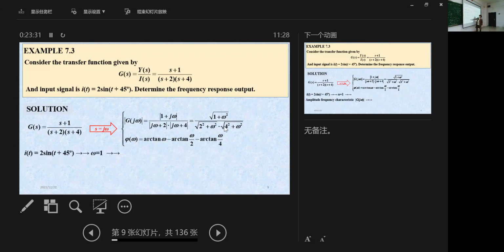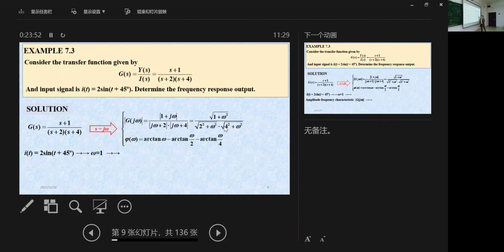Since we have the input here, we know omega is 1, the coefficient of t. So omega is 1.